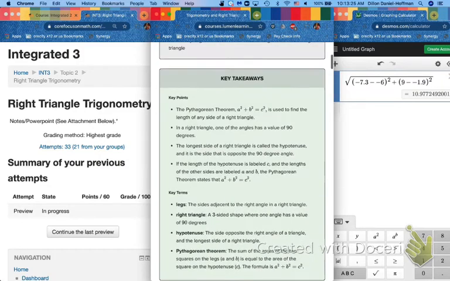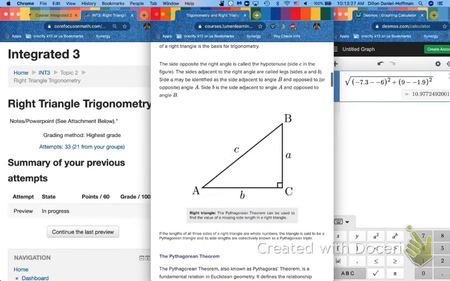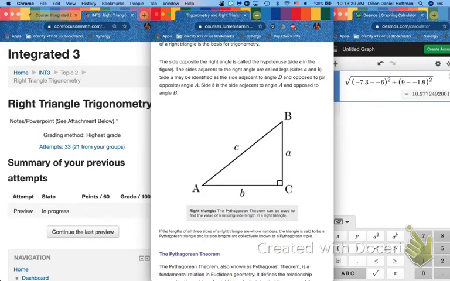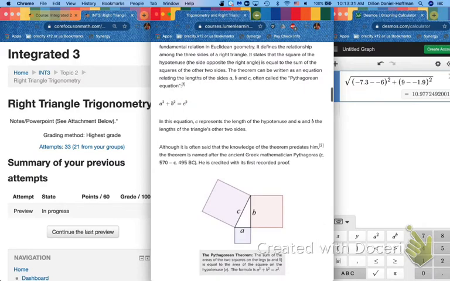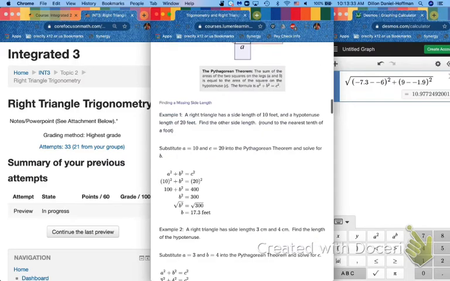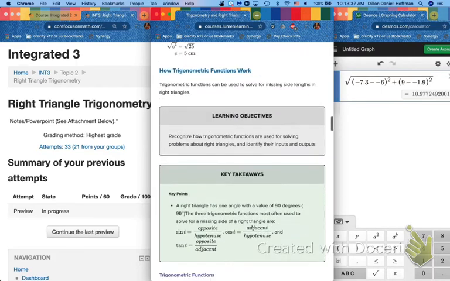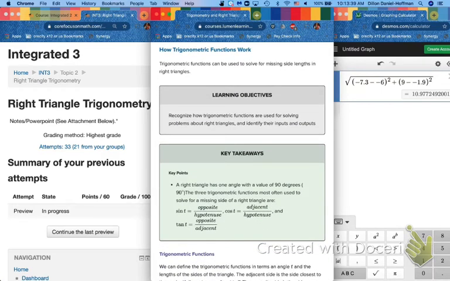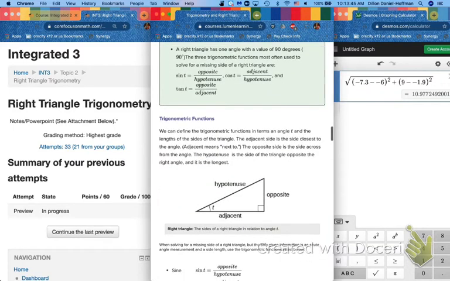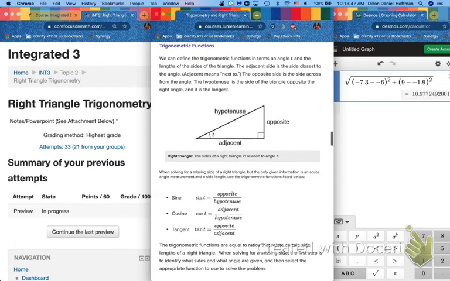And then on the same page that it explains what a right triangle is, it talks about our hypotenuse, a squared plus b squared is c squared, does a little proof, some examples. Then, boom, it starts talking about trigonometric functions and getting into trigonometry. All right, this is where I want to focus right now.